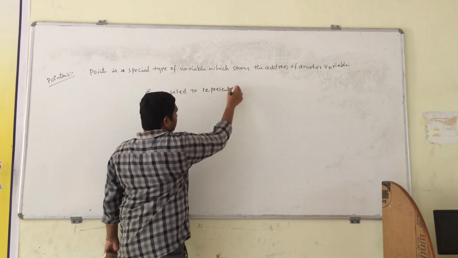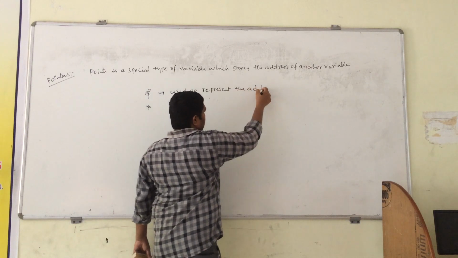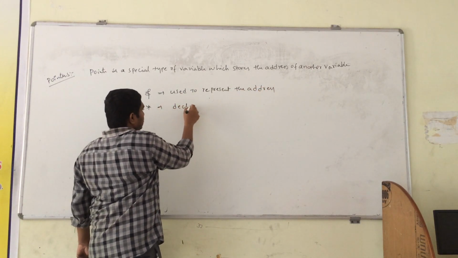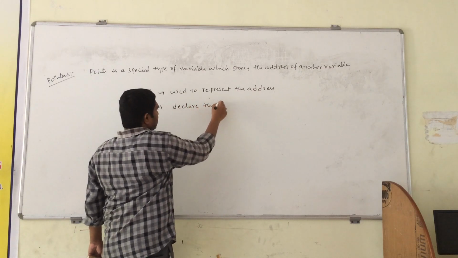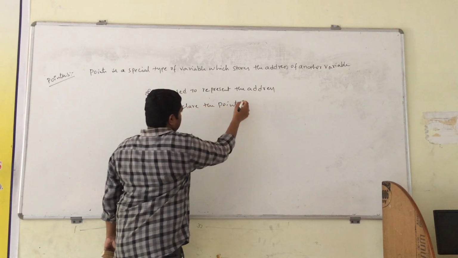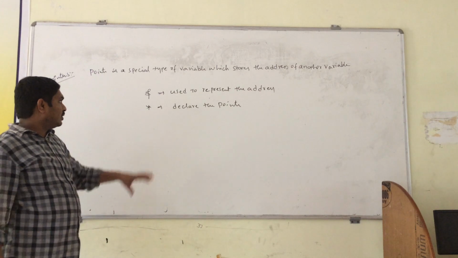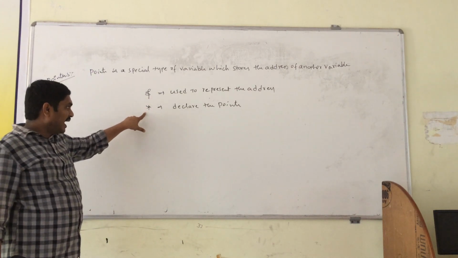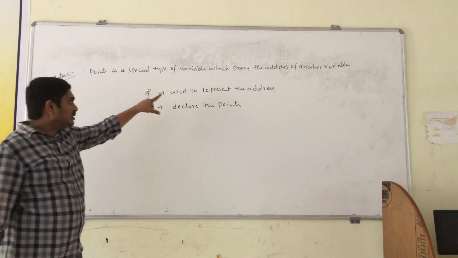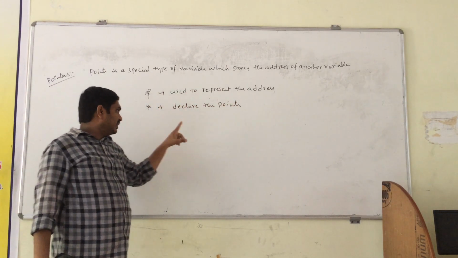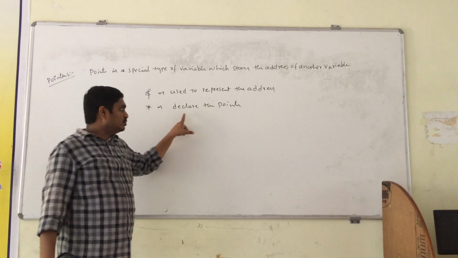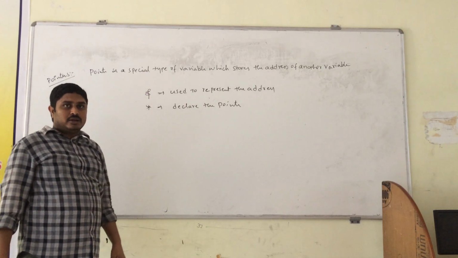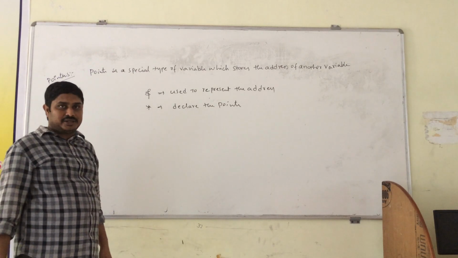Here we are using two types of symbols. The first one is the ampersand, the second one is the asterisk. The ampersand symbol is used to represent the address, and the asterisk symbol is used to declare the pointer. Mainly we are using these two types of symbols in the pointer.